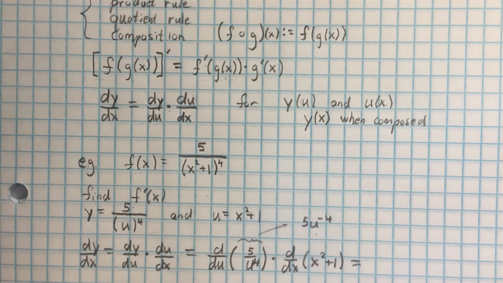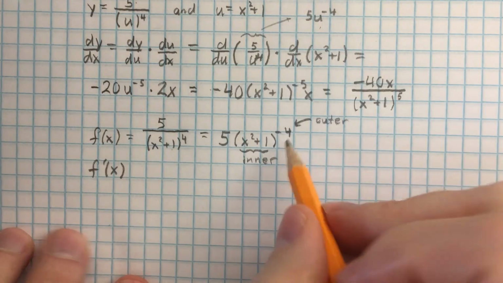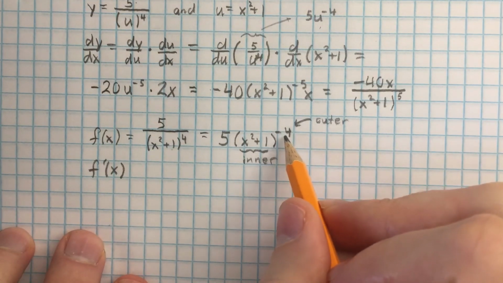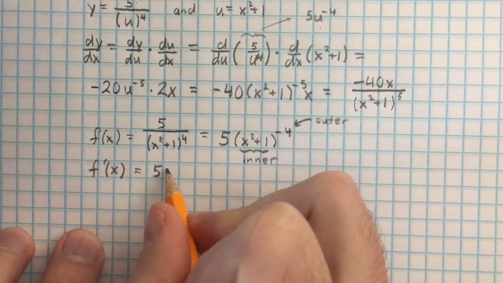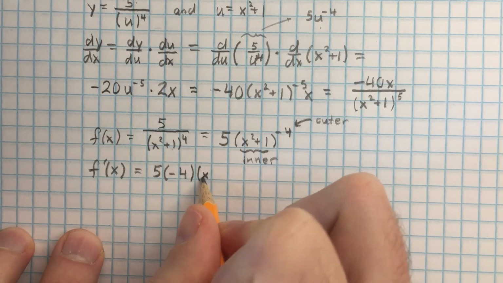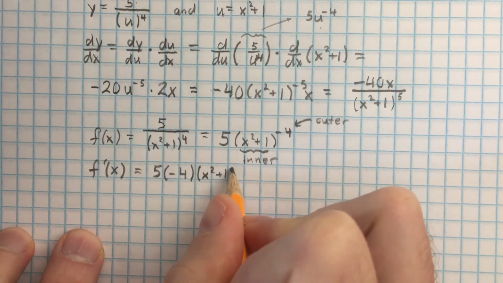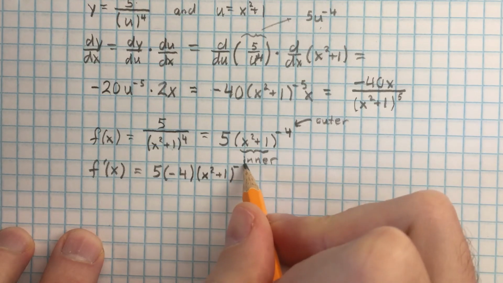That's the first part. Okay? So the derivative of the outer, the power rule here, the negative 4 will come down. So we'll have 5 times the negative 4. The inner function, x squared plus 1, does not change. But I'm differentiating a power function, so this has to go down to negative 5.